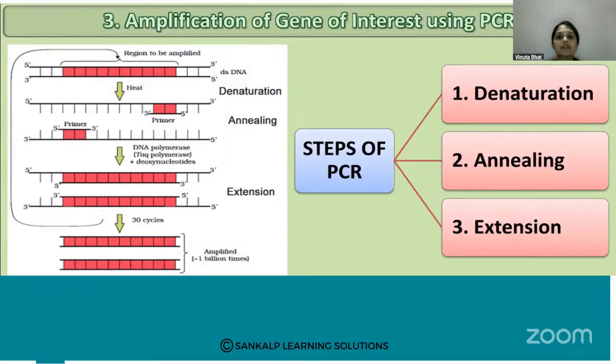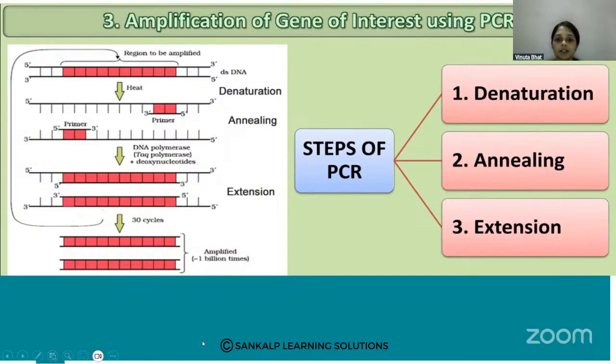What is this amplification of the gene? The gene of interest, we have only a few copies, only one, so we have to increase the number of that. The amplification of the gene of interest has three steps.